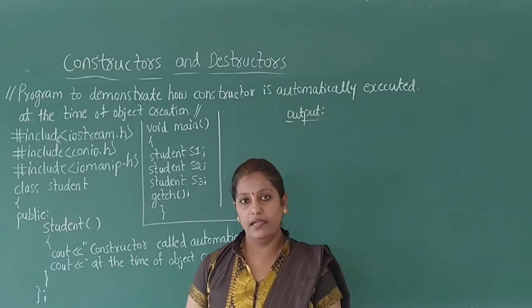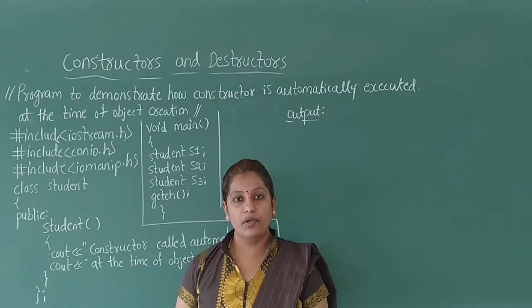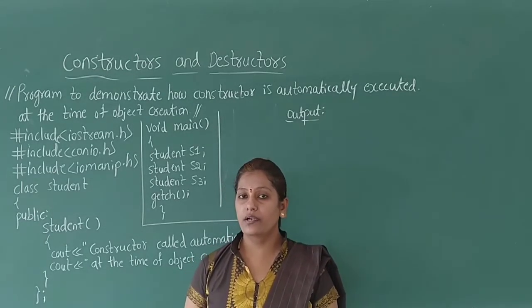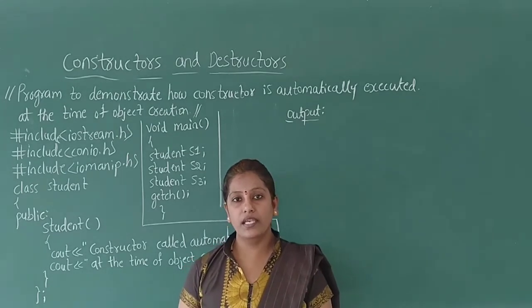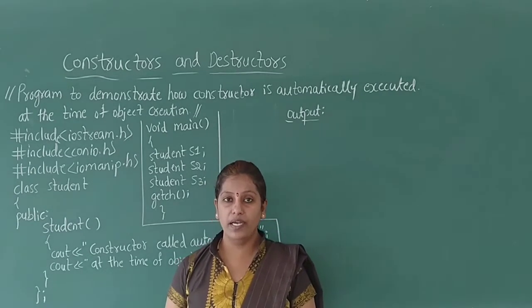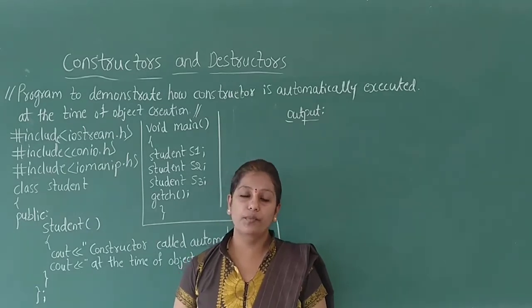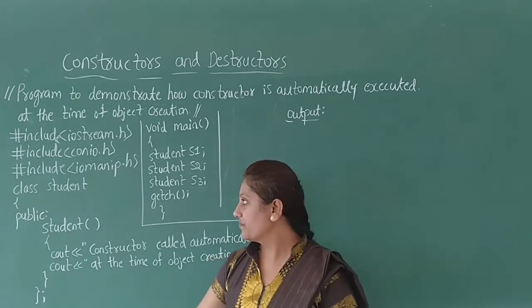Include header files, that is preprocessing directives, iomanip.h, conio.h, iostream.h, to include input output devices in the program and to execute the console input statement and console output statement, that is cin and cout, and to use the manipulators which are used in the program.